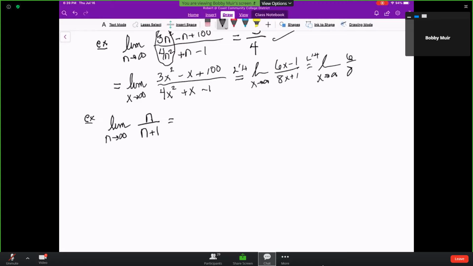Do we do 1? 1, right? That's what we suspected. We suspected these numbers, they start at 1/2, 2/3, 3/4, 4/5, 5 over 6. They're getting closer and closer to 1, okay?